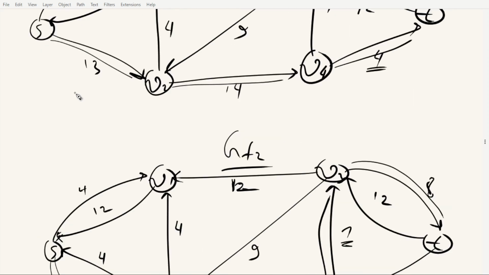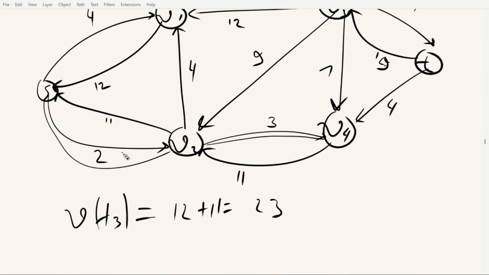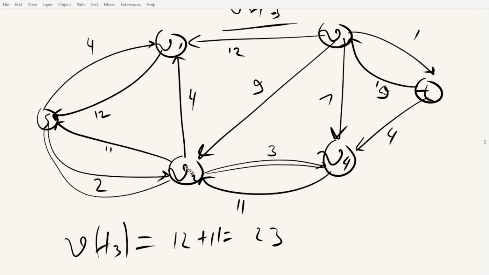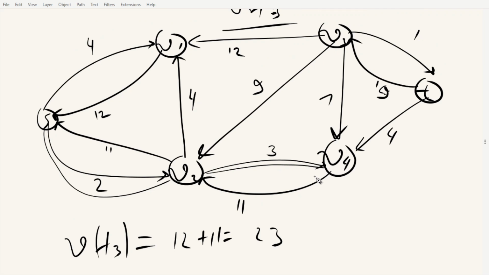Now we can also find the minimum cut. For finding the minimum cut, we start with S and consider what all vertices we can reach starting from S. From S we can reach V1, V2, V4, and from V4 we come back to V2.